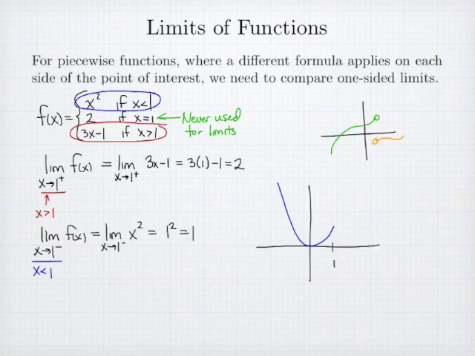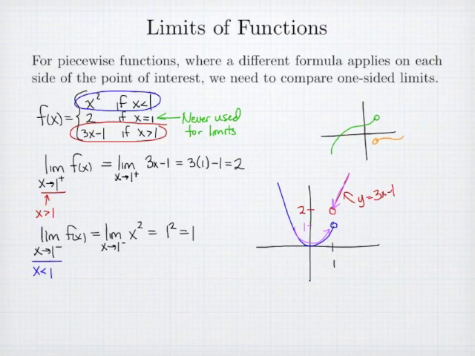And so my function looks like the line y equals 3x minus 1. The limits that I found were showing that if I were to follow the y equals x squared graph from the left and approaching 1, I go to a point with a height of 1. If I approach from the right, I end up following down the line and I get a value of 2.